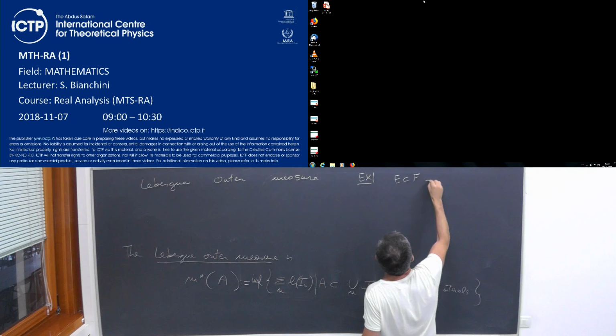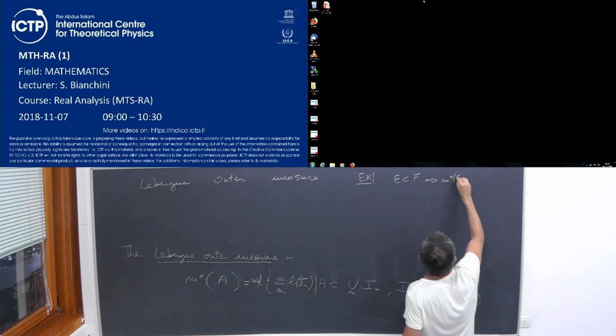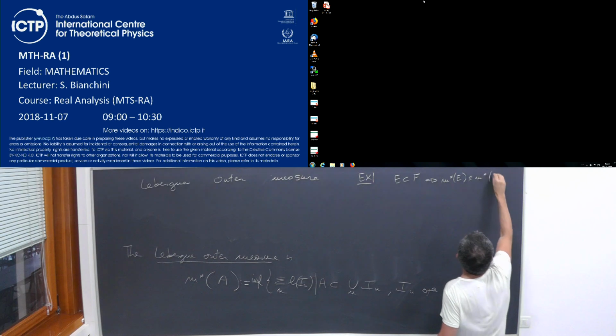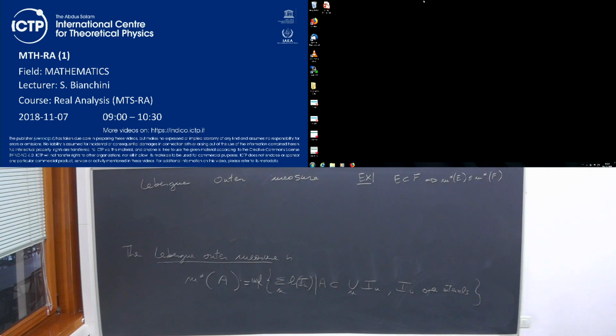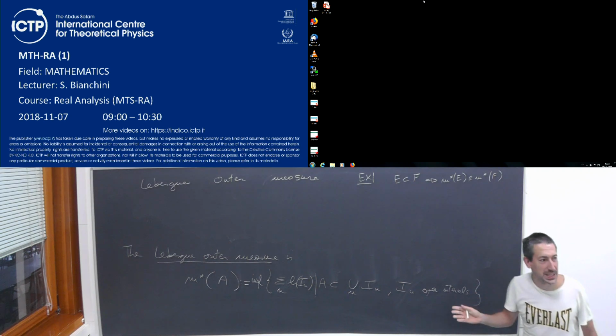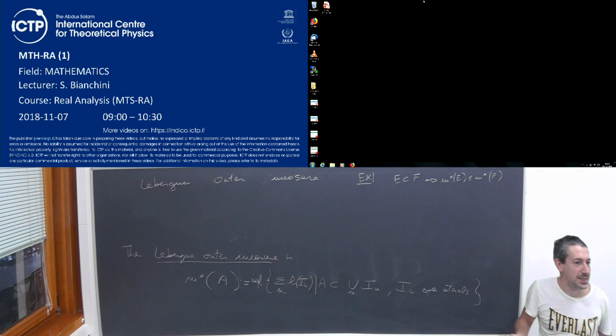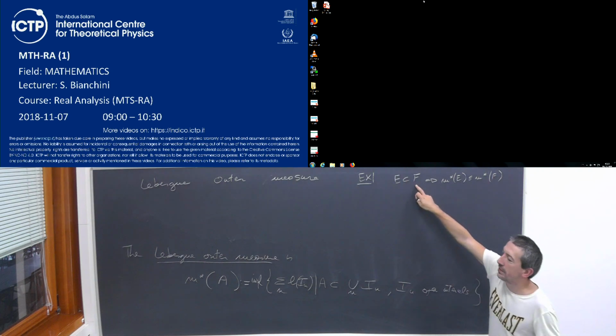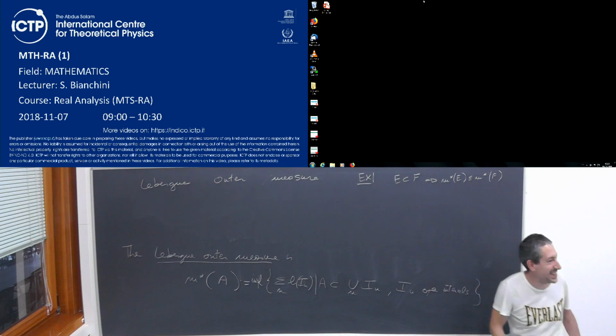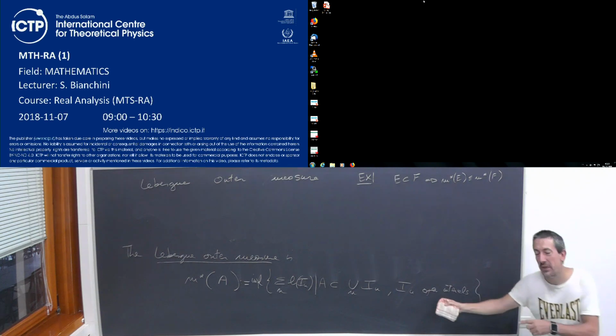If E is contained in F, then M star of E is less than or equal to M star of F. Okay, problems? How to do this exercise? It's standard. Any covering of F is also a covering of E, so for E you are taking the infimum over a larger set.